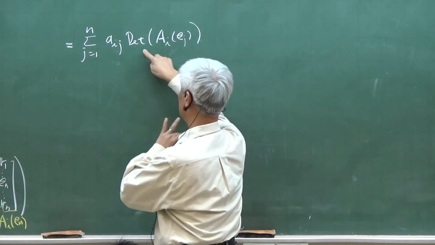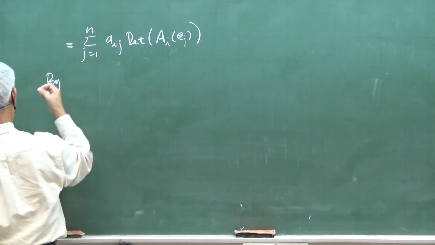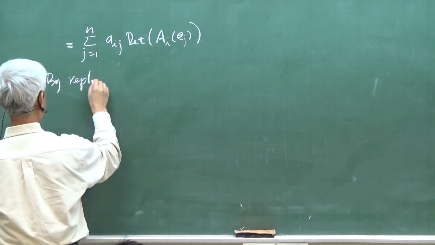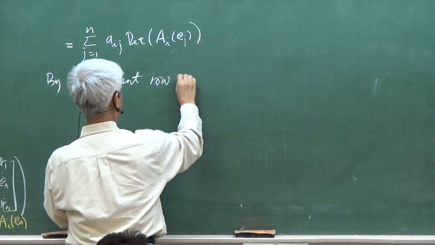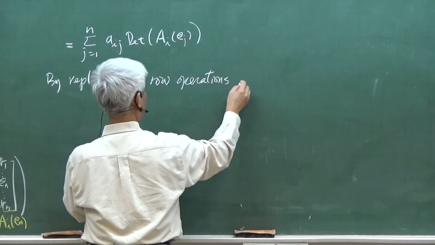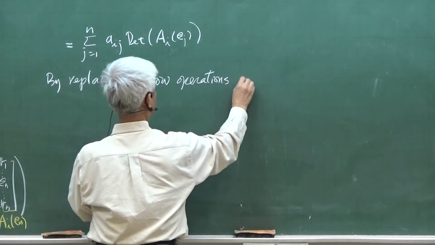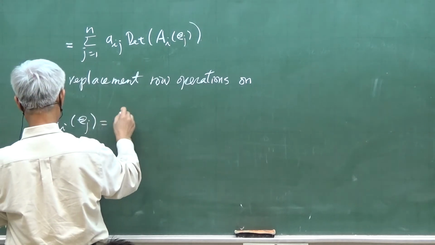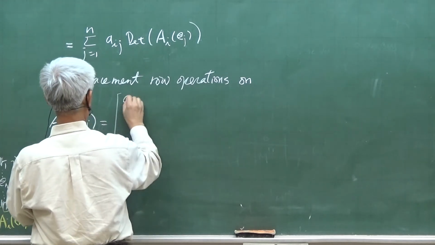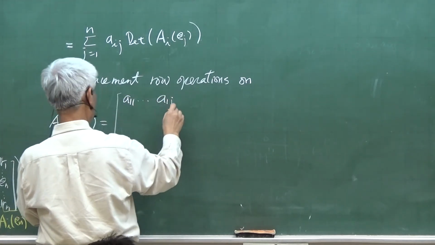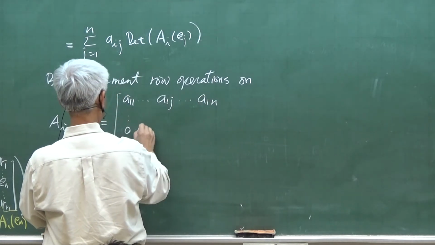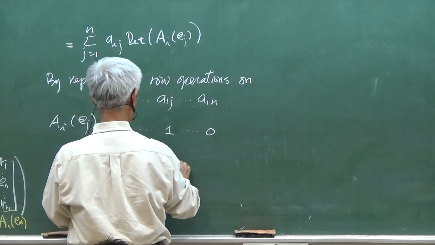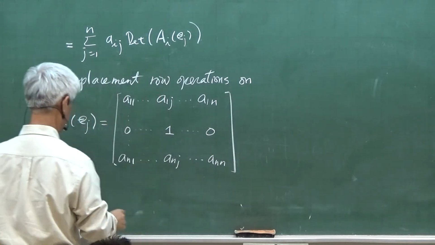Now we will work on the determinant of this matrix, using row replacement operations on the matrix A_i(e_j). So we see a11, a1j, a1n, then 0 1 0, then an1, anj, ann.